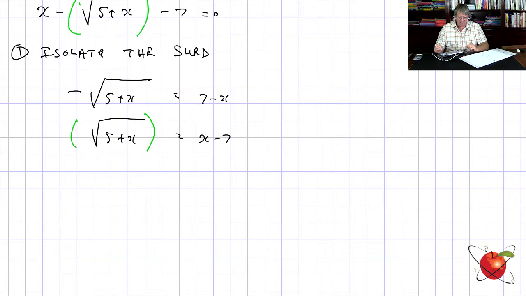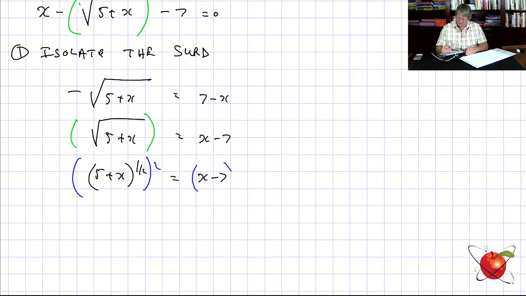The next step is what? Yes, we are going to change the surd to an exponent: 5 plus x to the power of a half is equal to x minus 7. Can you see the recipe again? What do I do now? We're going to raise it all to the power of 2.